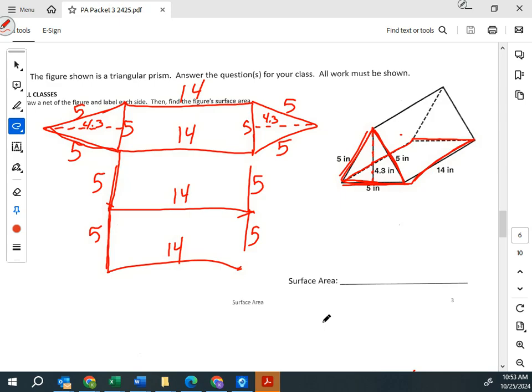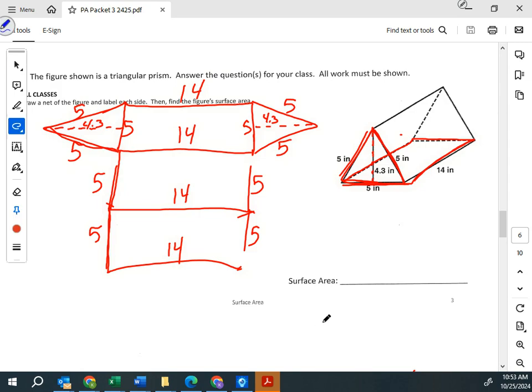Now the same concept for surface area as with rectangular prisms. Remember with the rectangular prism, we had to find the area of each side and then add them all together. So find the area of each side, then we're going to add them up.